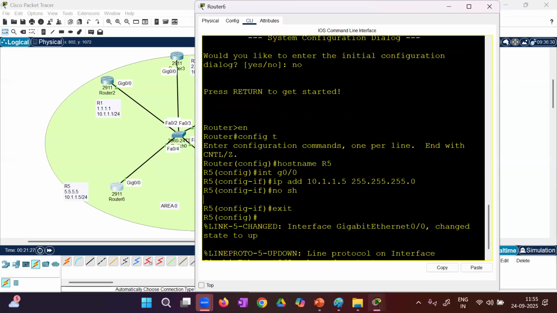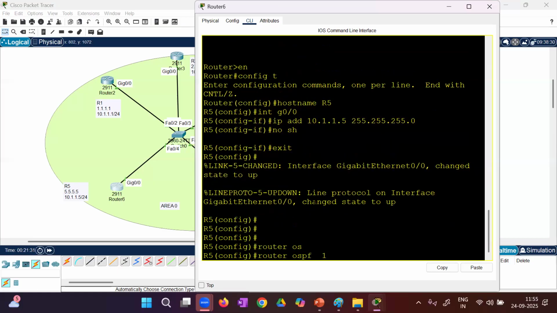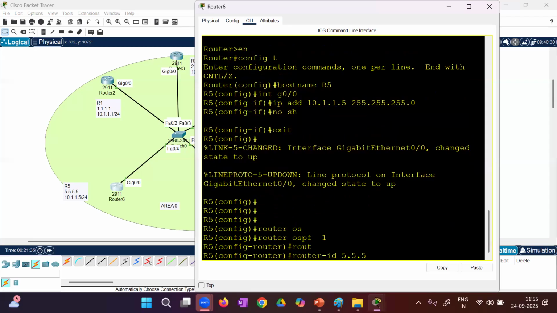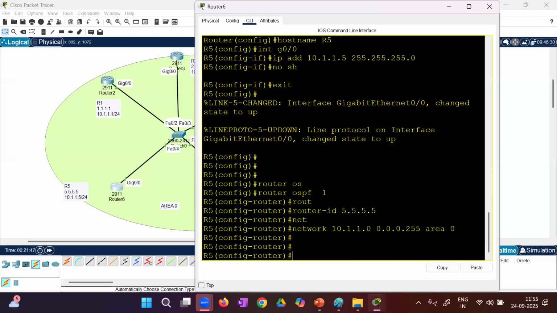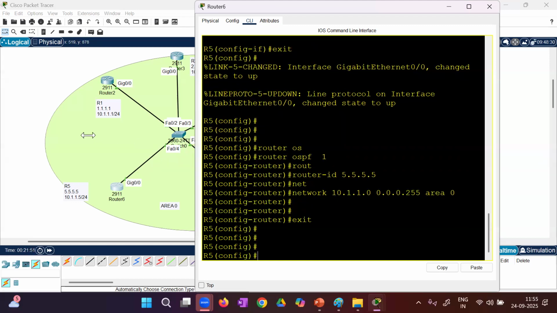Come to router 5. Router OSPF 1. Router ID is 5.5.5.5. Network is 10.1.1.0, 0.0.0.255. And area is going to be 0. Done? Configured?